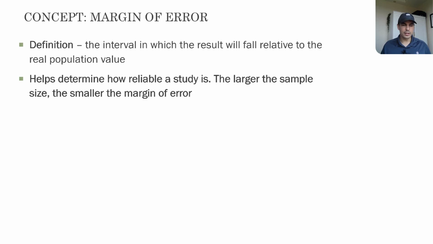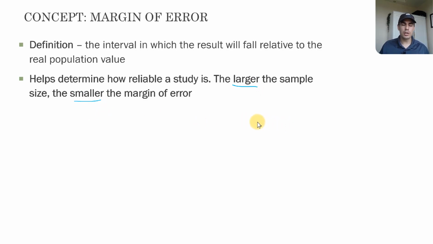Now, previously we've talked about study reliability from the random sampling standpoint and from trying to reduce bias. This is not so much referring to that as it is referring to the size of my sample. Statisticians have found that the larger the sample size, the smaller the margin of error.